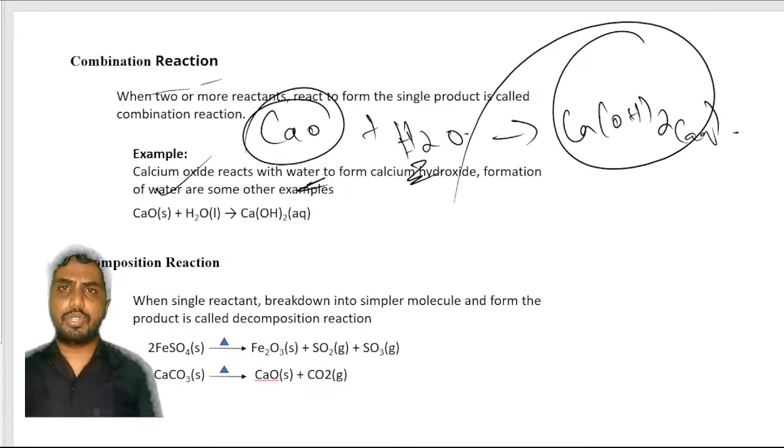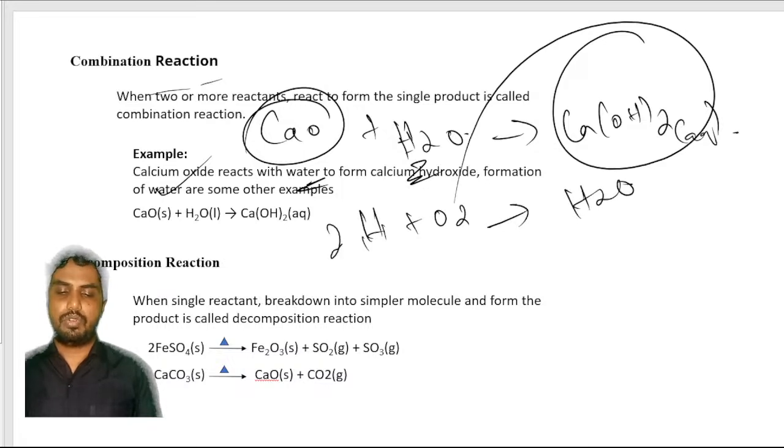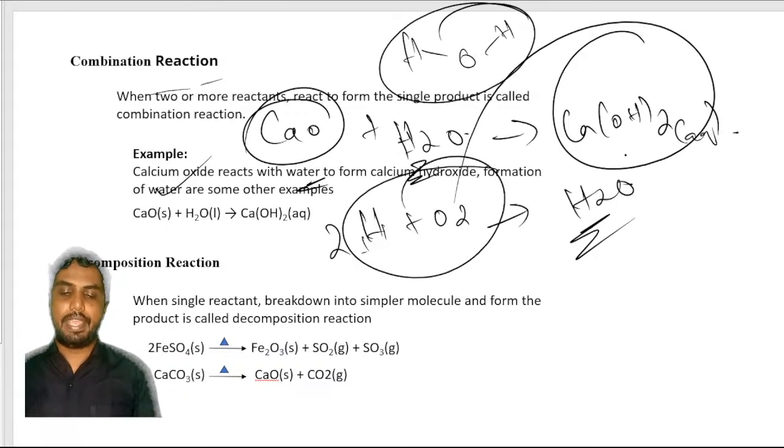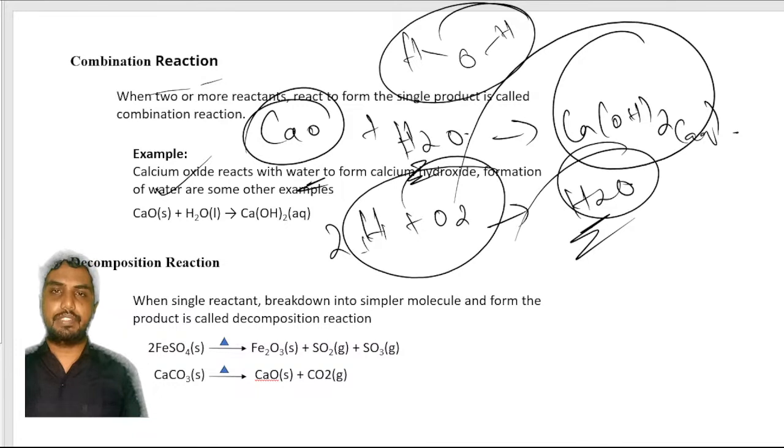There are some other examples also, such as water formation. Yesterday we saw how water forms: hydrogen plus oxygen, 2H2 plus O2 gives 2H2O. In water formation, there are two hydrogens and one oxygen. So this is also an example of a combination reaction.